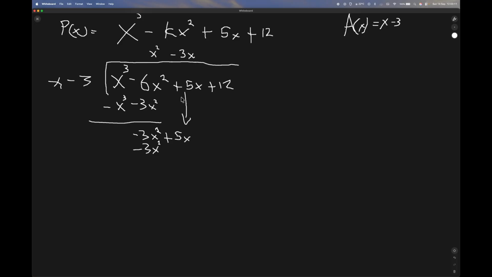Negative times a negative will give us 9x, so plus 9x. A little minus sign there. So 5 minus 9 is minus 4x. Bringing it down plus 12.